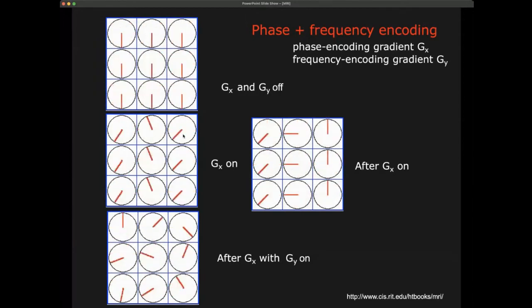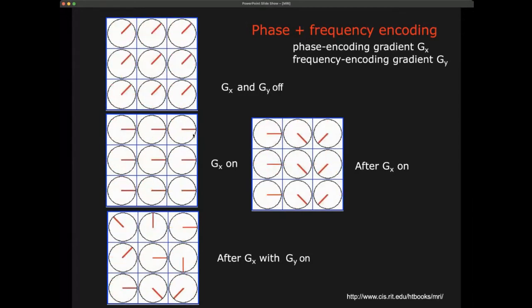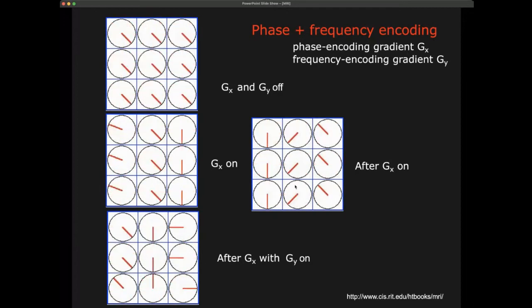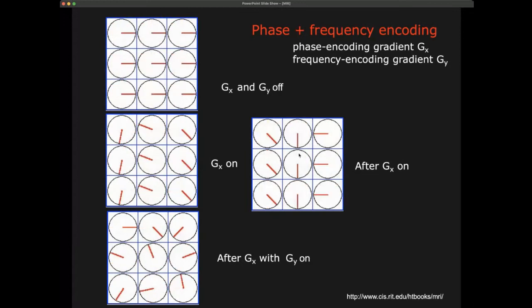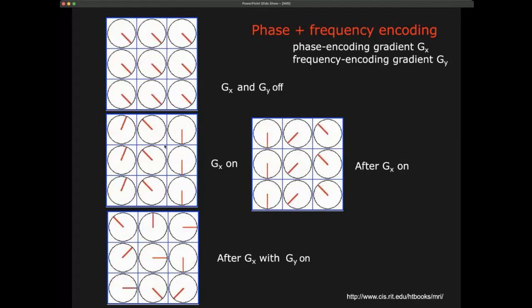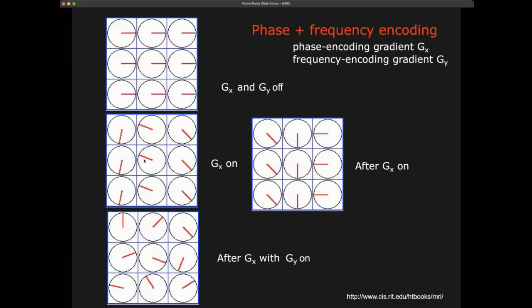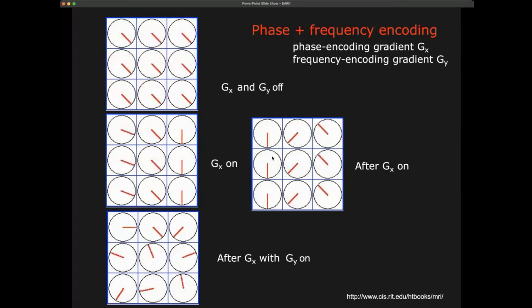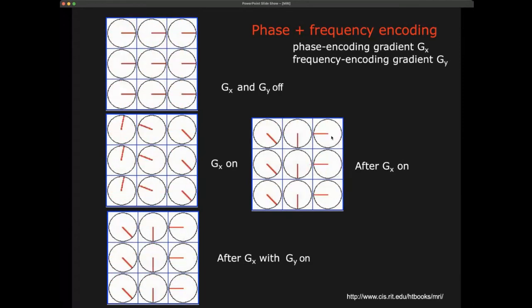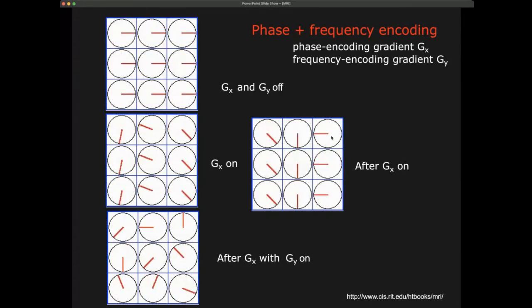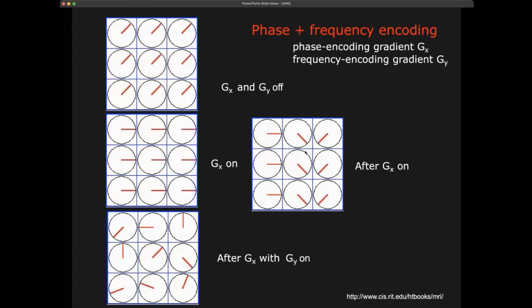And if I switch this X gradient on for a very limited period of time, and then I switch it off, what happens is that, of course, they start to again rotate at the same speed, but they are put in a different phase, in a different direction, by switching on this X gradient for a little bit and then switching it off. So now I have changed the phase of the signal, so actually the direction of the vector, which is the phase. I changed it depending on the X direction.